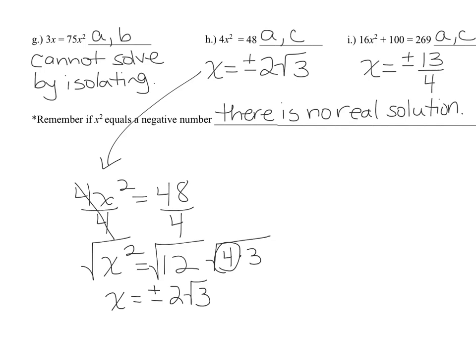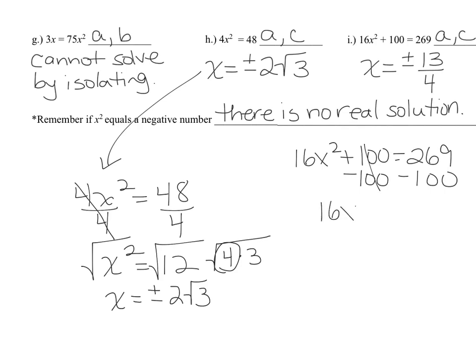Now for question I, 16x squared plus 100 equals 269. Well, you subtract 100 from both sides, and you get 16x squared equals 169. Then you divide both sides by 16.